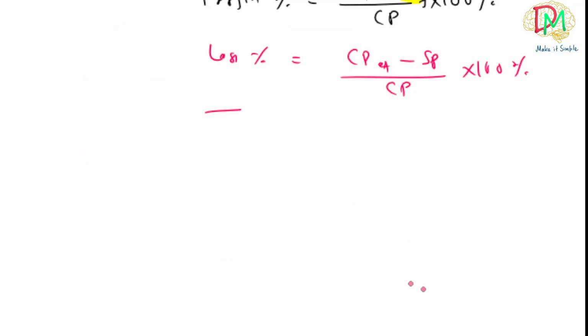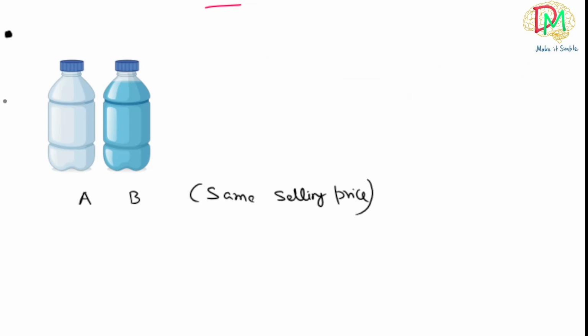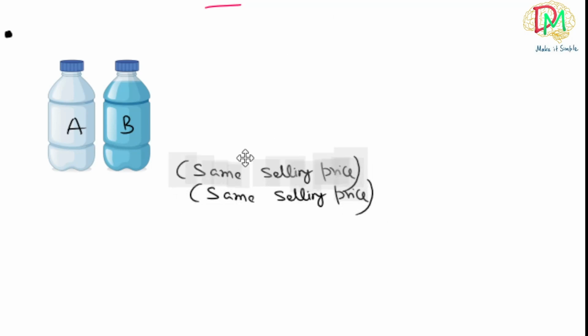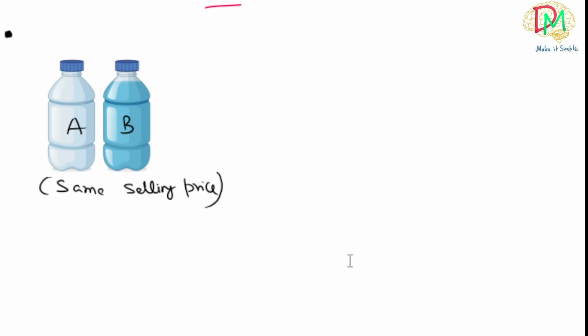One shortcut you may remember. Let's learn a shortcut. Suppose there are two products, A and B, and they are sold at the same selling price. For A, the profit is X%, but for B, the loss is also X%.